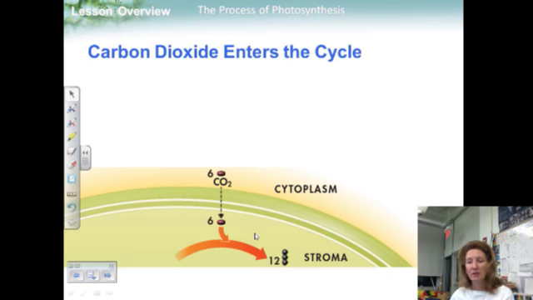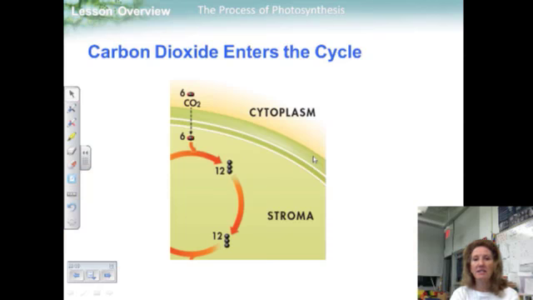They produce at the end 3 carbon compounds, these 3 carbon compounds that continue into the cycle. Now if you multiply all this by 6, you're going to see it's going to be 12 3 carbon compounds. So for every 6 carbon dioxide molecules that enter the cycle, a total of 12 3-carbon compounds are produced.